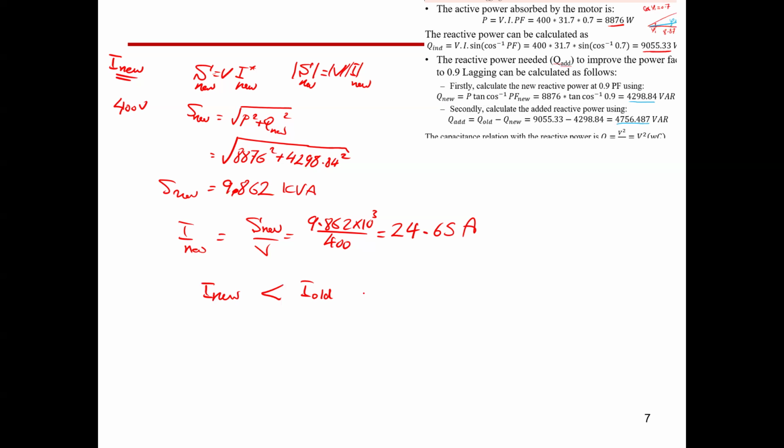Okay, guys, so this is the benefit of improving the power factor. When you improve the power factor, the amount of current absorbed from the supply would reduce, and this would reduce the stress on the distribution network. So this is the main benefit of improving the power factor for our low voltage networks.